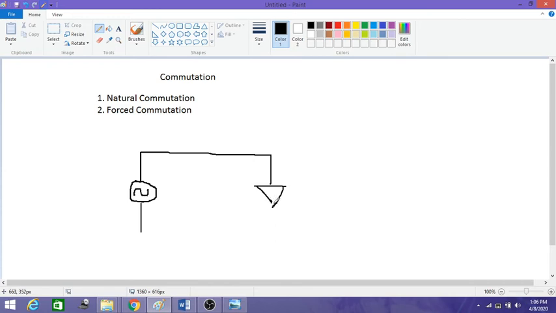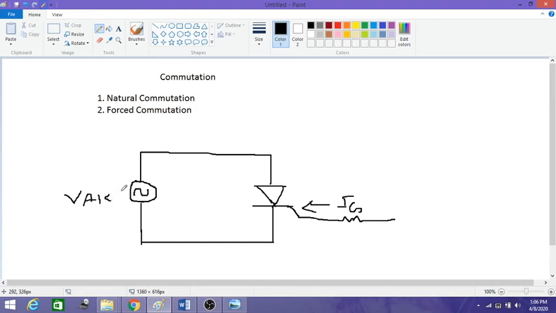Now let us consider it like this. Sorry, the diagrams are not very clear. So we have the gate current connected, and I will not go into much detail because we already explained this. Now an AC voltage VAK is applied, so this will be positive and negative.